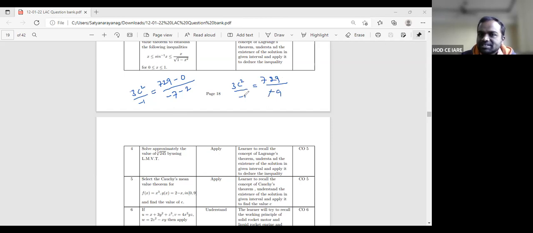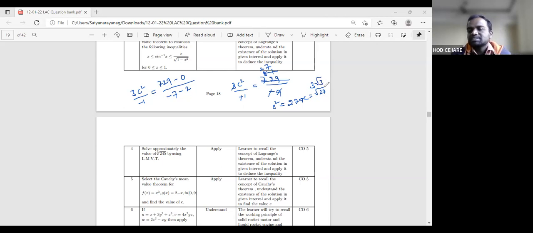The -9 cancels: 9 sevens are 63... so we get 81, and 3 times 27 is 81. So c square is equal to 27, and c is equal to square root of 27, which is 3√3.